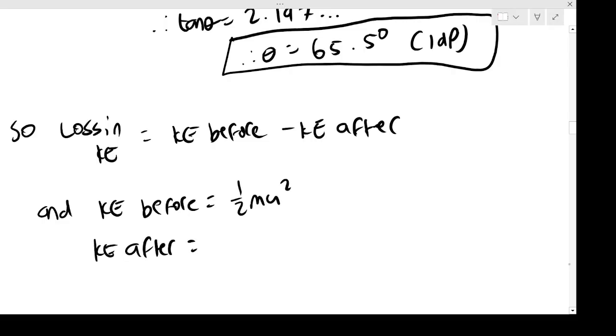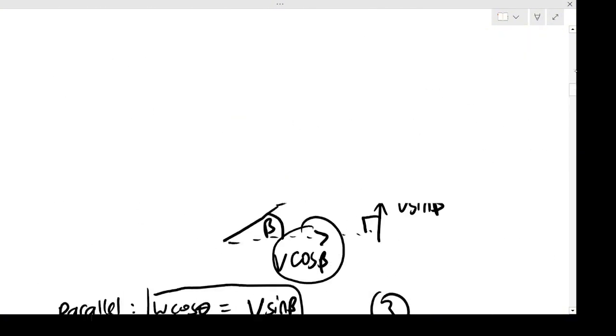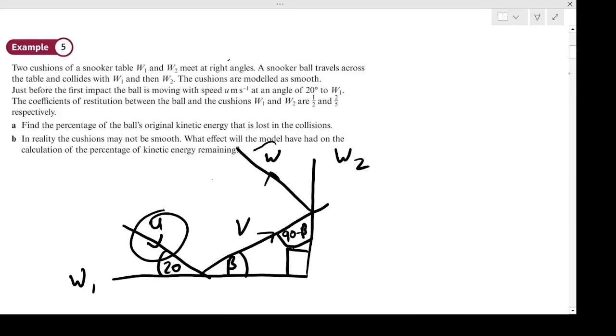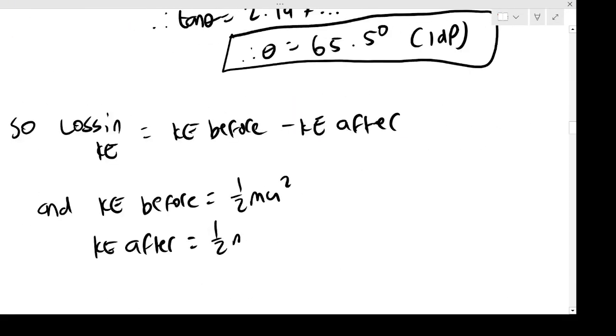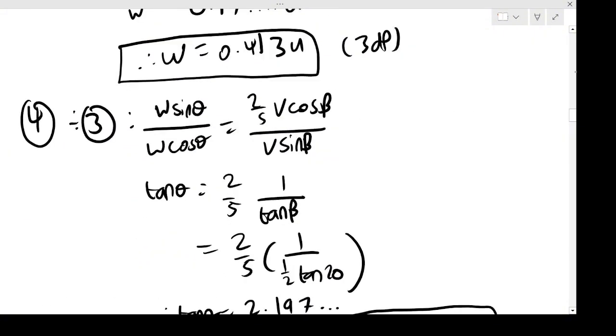Then what about the kinetic energy after? Well, after is after all the collisions, after the second collision. Now, what's the speed after the second collision? It's w, so it's going to be a half mw squared. And actually, we know what w is. W, we saw, was 0.413 u.